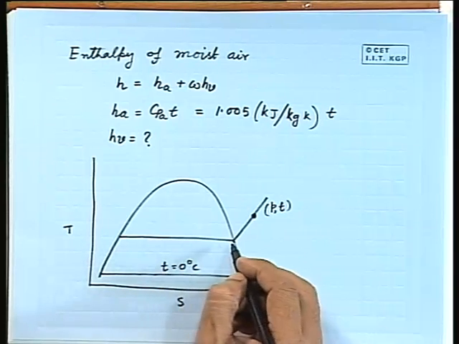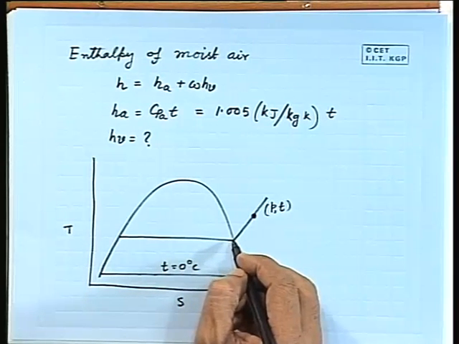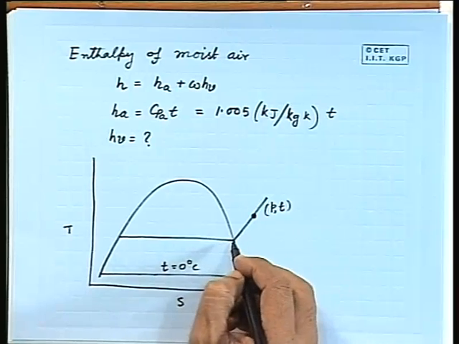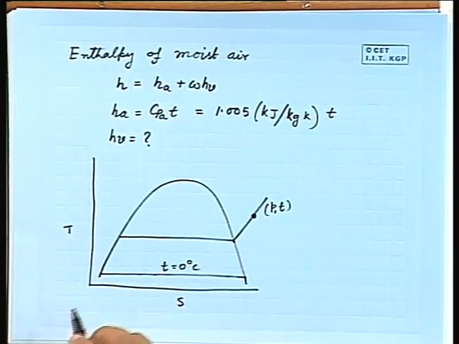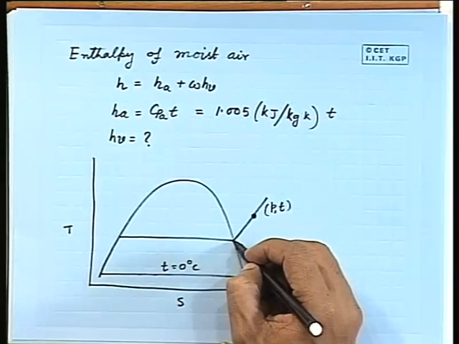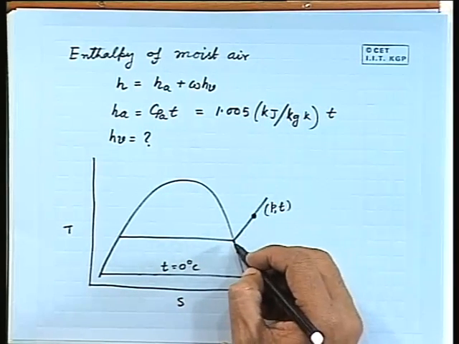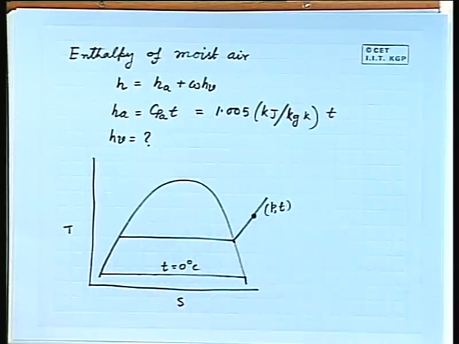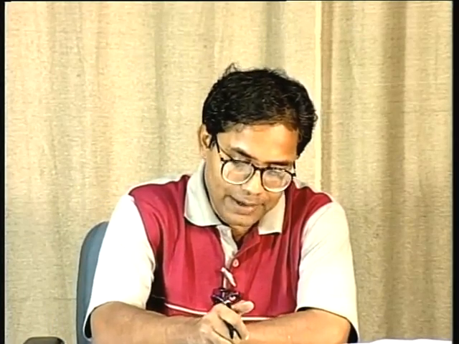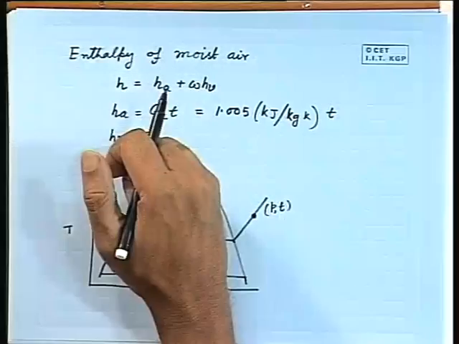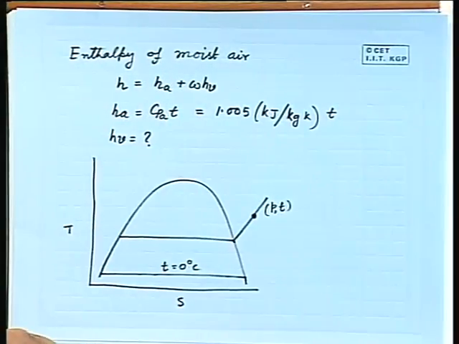At the dew point temperature it has been evaporated, and here at the dew point temperature we are getting saturated vapor. Then this saturated vapor's temperature has been raised from the dew point temperature to temperature T. So this is the process involved while the moisture attains an enthalpy HV.